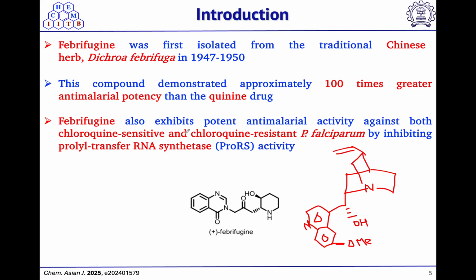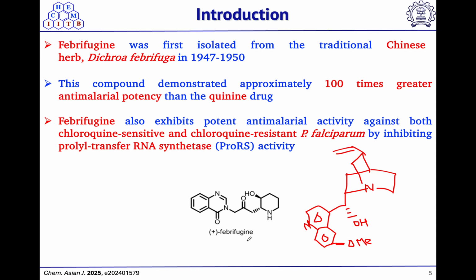This febrifugin also exhibits potent antimalarial activity against both chloroquine-sensitive and chloroquine-resistant P. falciparum by inhibiting prolyl-transfer RNA synthetase, that is ProRS activity. So this is the biological importance of febrifugin.